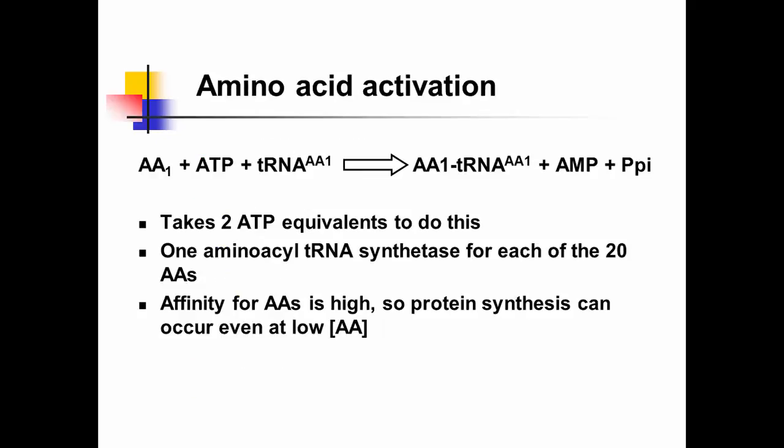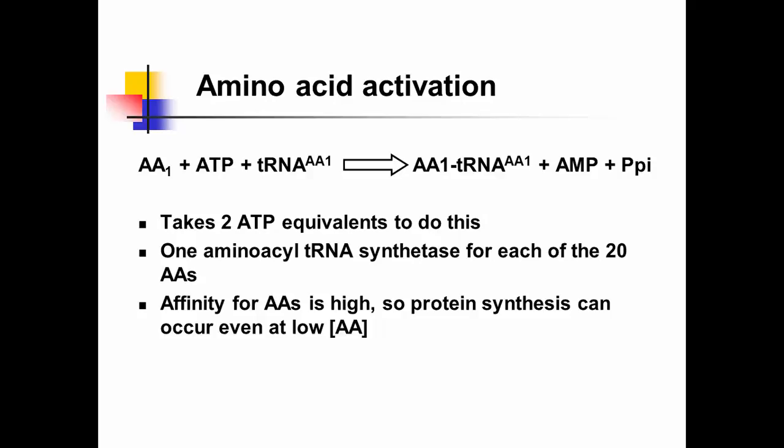So amino acid activation. This is a reaction for amino acid activation. Amino acid activation is usually just to attach the amino acids to the transfer RNA, which then allows transfer RNA to carry the amino acids to the messenger RNA for translation, right? And this reaction actually requires 2 ATPs.